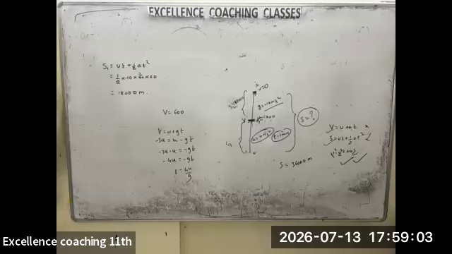Two bodies are thrown up at angles of 45 degree and 60 degree respectively with the horizontal. So this is exactly your projectile motion. If both bodies attain same vertical height, then the ratio of velocities with which these are thrown is what? Two bodies are thrown with angle 45 and 60 degree.